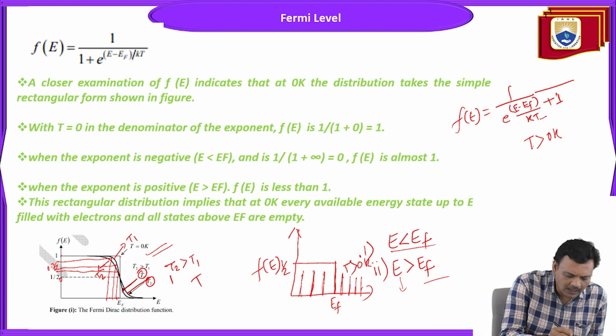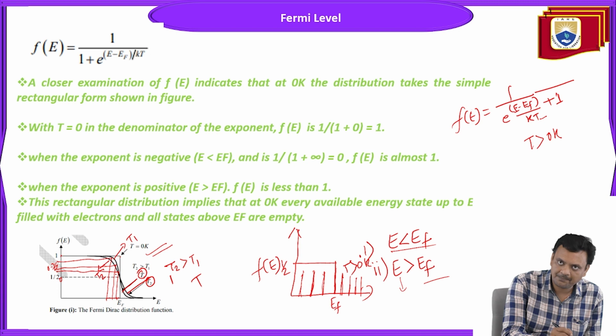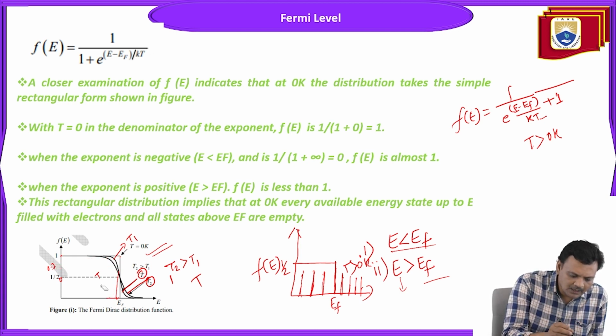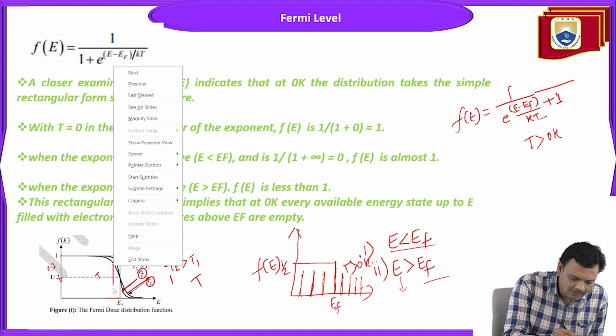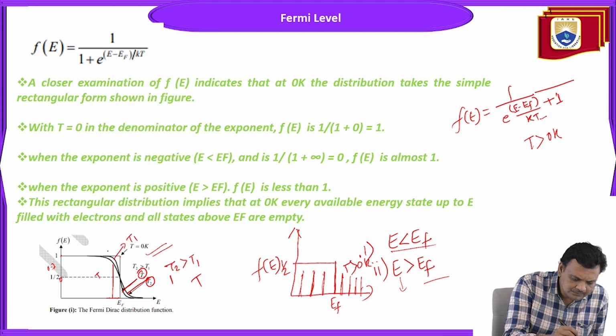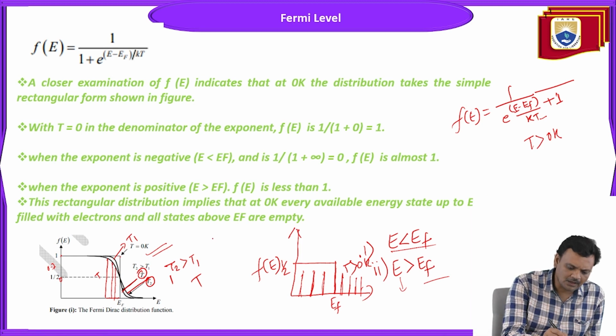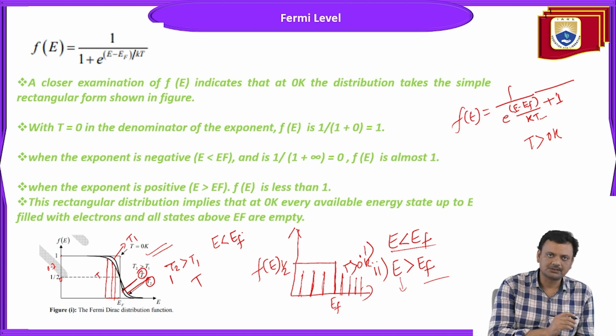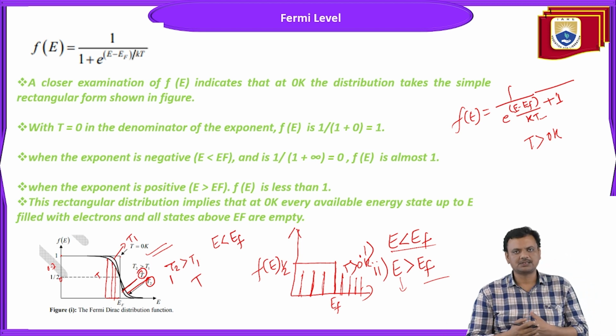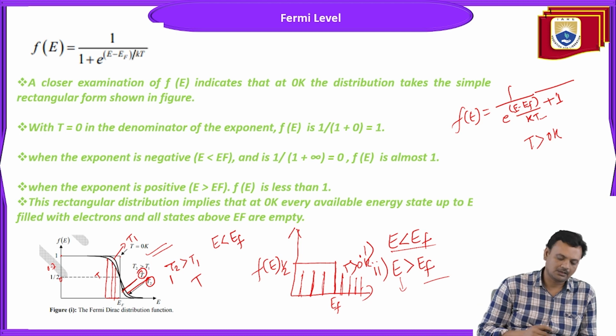And I am taking this for temperature T1. Now I am considering the curve for temperature T2, and also the case when E is less than EF, meaning I am talking about those energy levels which have a lower value than the Fermi energy.